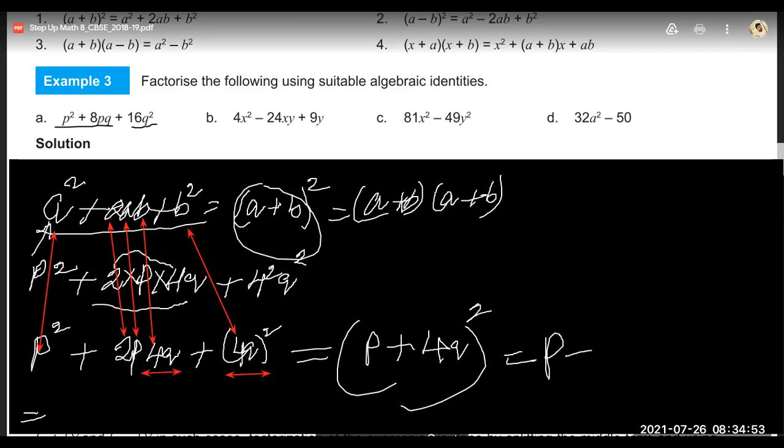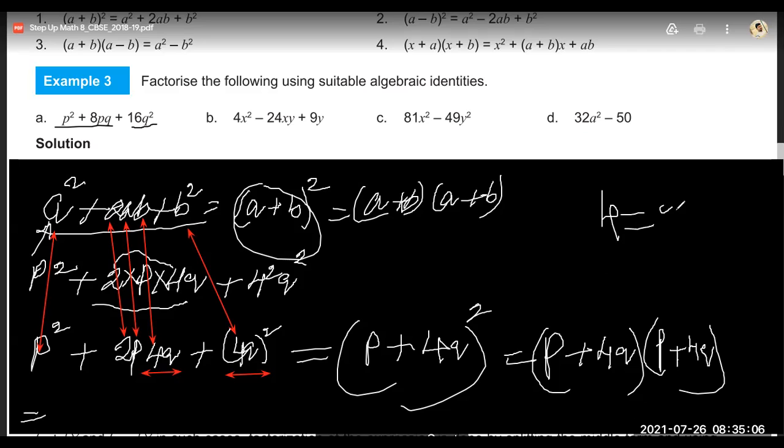So we write p plus 4q as one factor, and p plus 4q, the same one, as another factor. If you take the number 4, it is 2 into 2. The factors are the same. In the same way, here also the factors are the same: p plus 4q into p plus 4q. This way we can use the a plus b whole square identity for factorizing algebraic expressions.